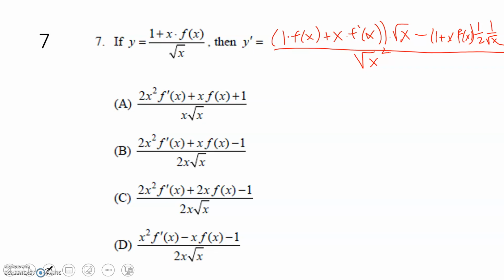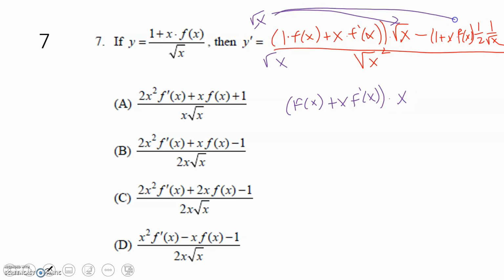So first thing I would do is let's start by multiplying both the numerator and the denominator by rad x, and let's see if we can clean some of this up. So when I do that, this here, rad x times rad x, will just become x. So I have 1 times f of x is f of x, plus x f prime of x, and then our rad x times rad x is x.